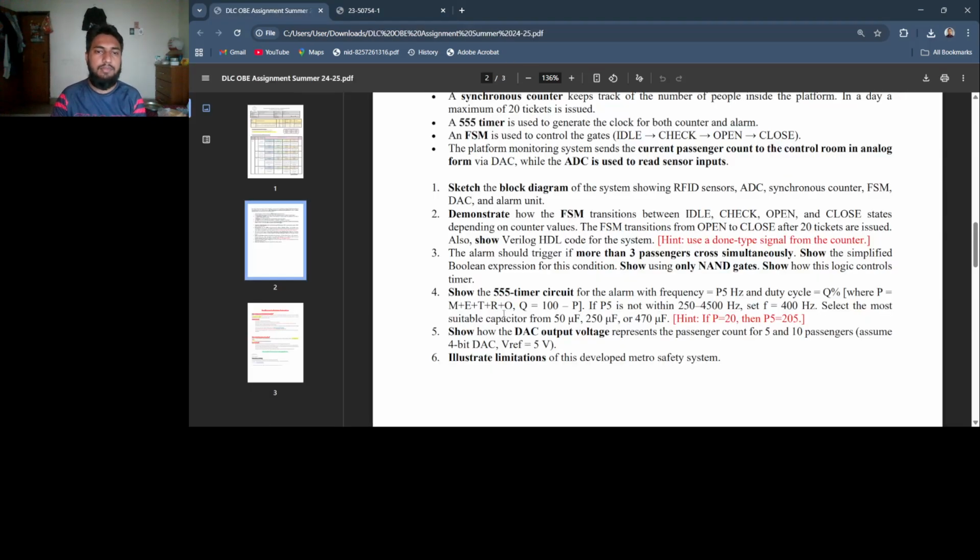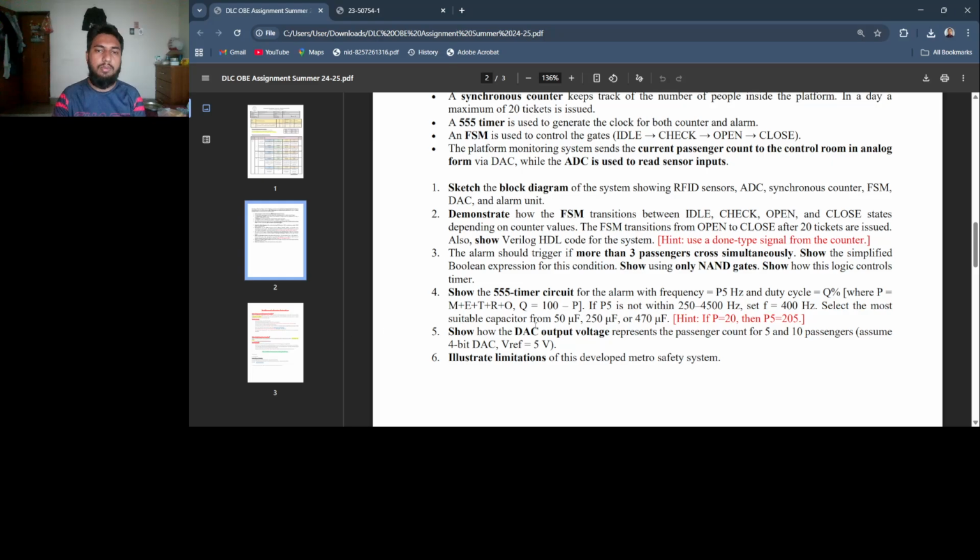Then my fourth question is the 555 timer circuit. Show the 555 timer circuit for the alarm with frequency P5 Hz and duty cycle Q%. P equals M plus E plus T plus R plus O. Q equals 100 minus P. If P5 is not within 250 to 4500 Hz, set F equal to 400 Hz.